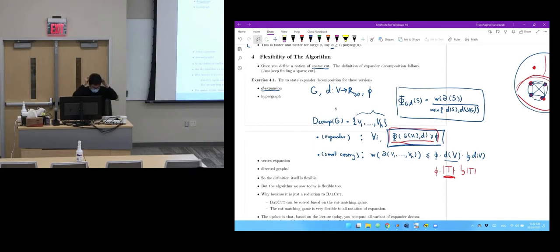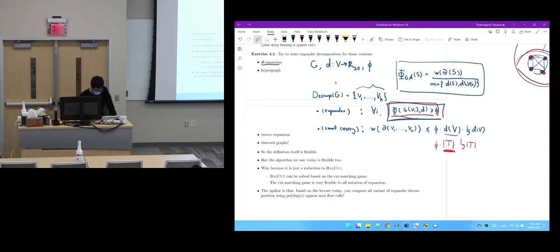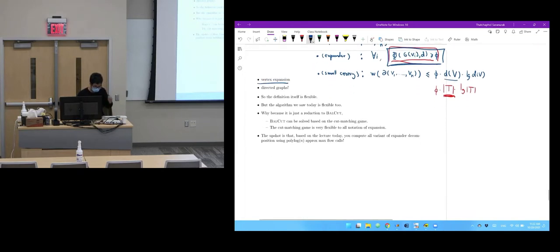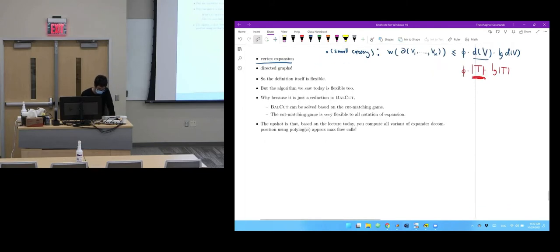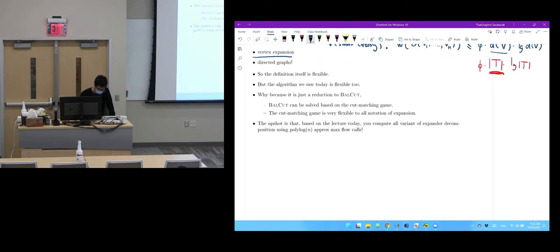So you can try to define, okay, hypergraph, you can do it too, but let's do vertex expansion. What we will get is that if we keep finding sparse cuts, now it's a vertex sparse cut.